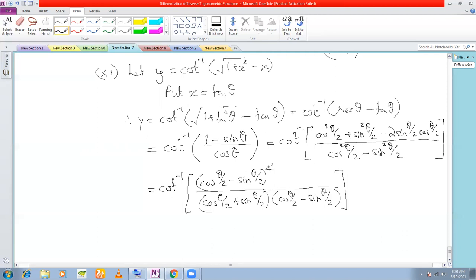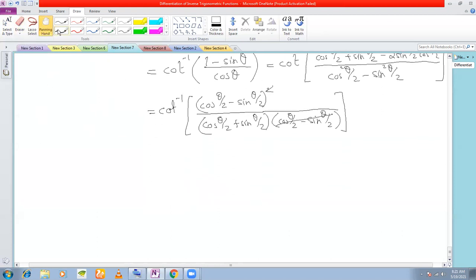Here one power will go from the numerator and this will cancel here. So what are you left with? You're only left with cos theta by 2 minus sine theta by 2 divided by cos theta by 2 plus sine theta by 2. So what you do here is, again, you divide the numerator and denominator by cos theta by 2, and you're going to get 1 minus tan theta by 2 divided by 1 plus tan theta by 2.